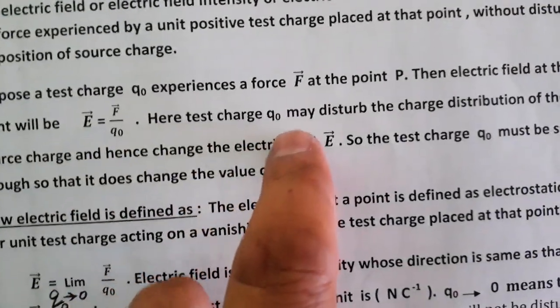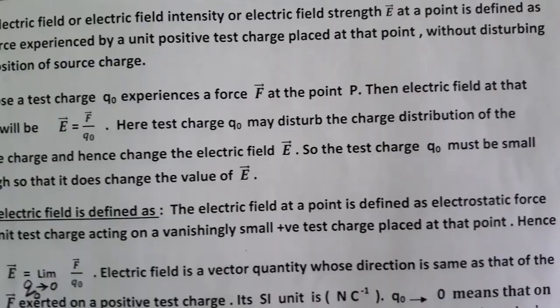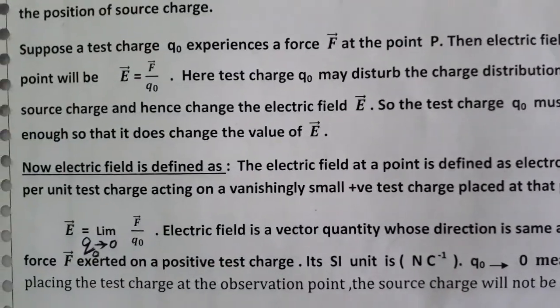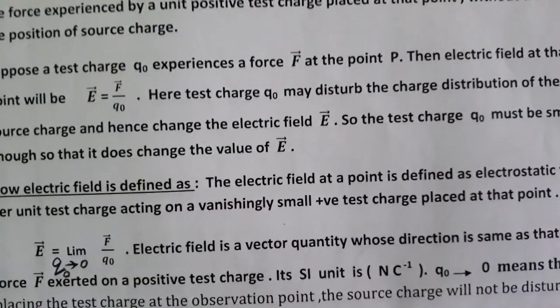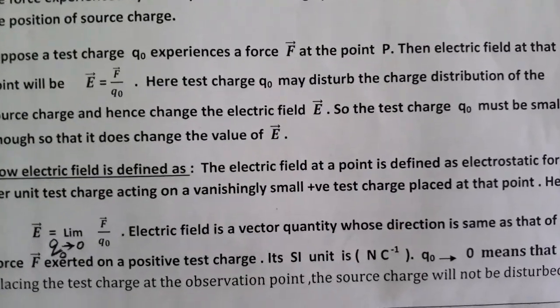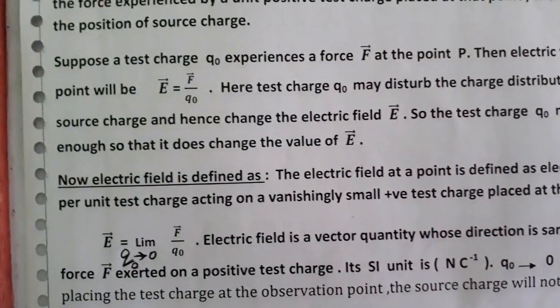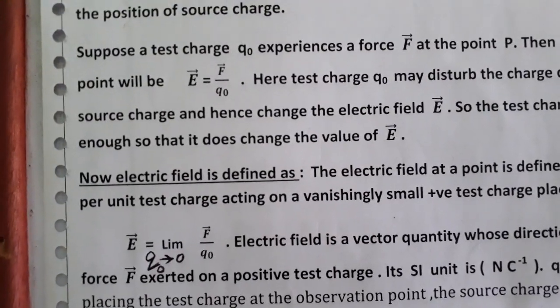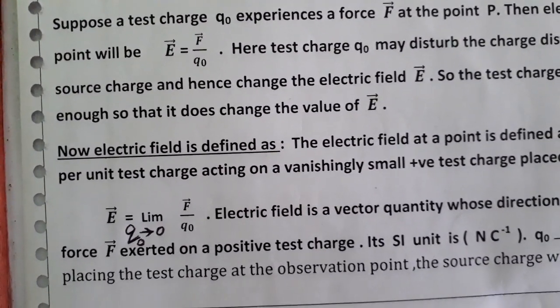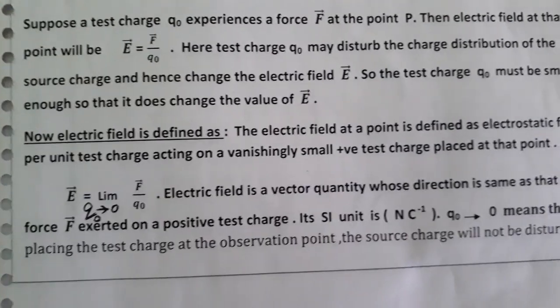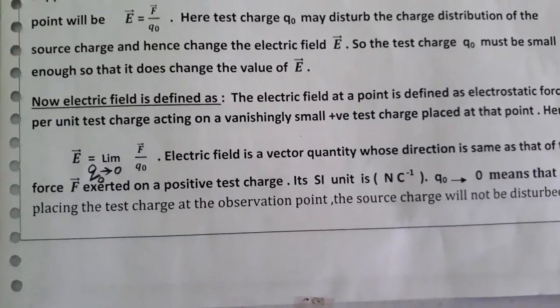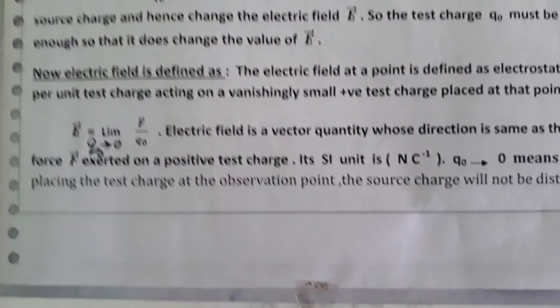Here test charge Q naught may disturb the charge distribution of the source charge and hence change the electric field E. So the test charge Q naught must be small enough so that it does not change the value of E. So now we are going to define the electric field in this way.